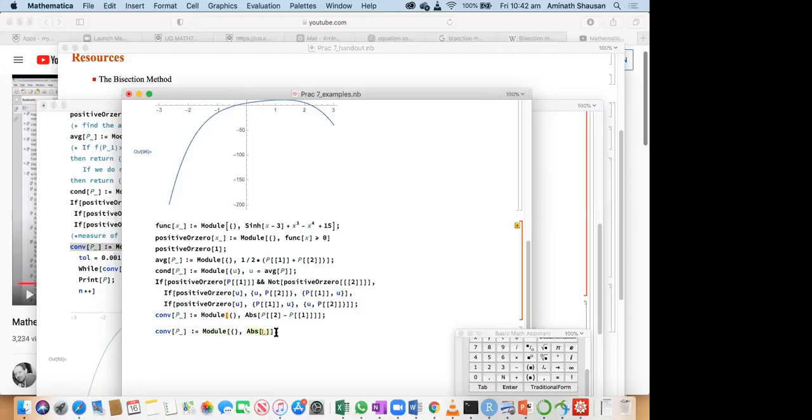It's select whether between P2, P1. Oh, okay, that's where the error is. Now it should work. I hope so.